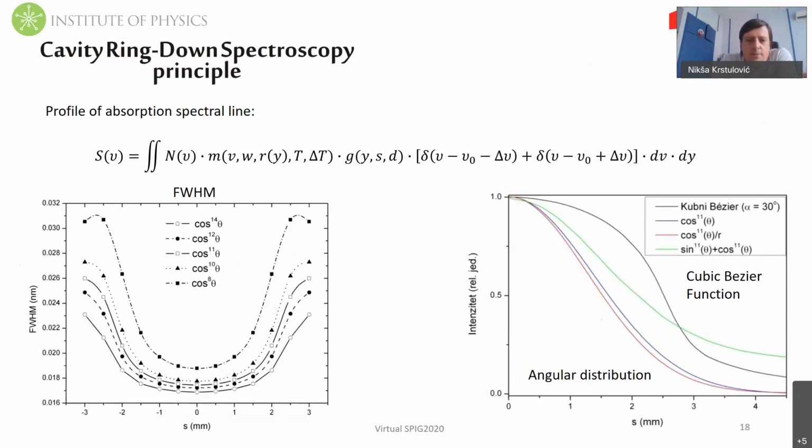And this function, if you compare it with cosine functions, has some kind of flat top. So the angular distribution of plasma densities looks like this.